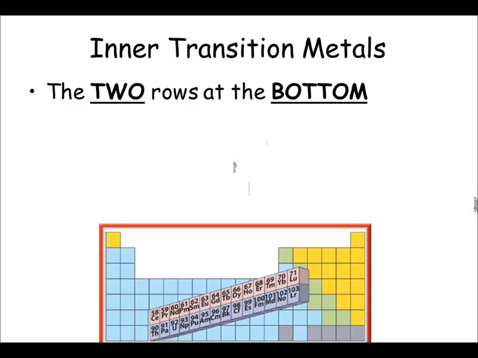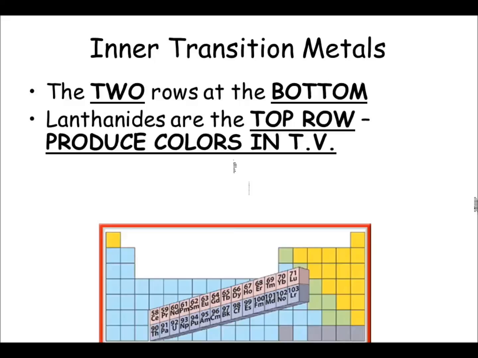Okay, so now we're going to talk about the inner transition metals. And these are the two rows at the bottom of the periodic table. And some people ask why these are at the bottom, and the most simple answer is because if not, the periodic table wouldn't fit on one piece of paper. And the other reason these specific elements are pulled out is because they have similar properties.